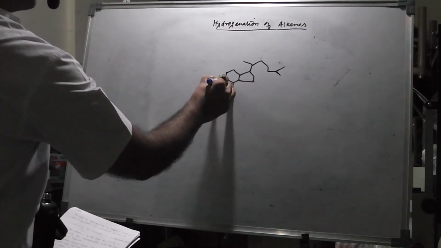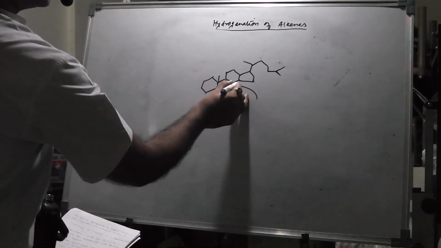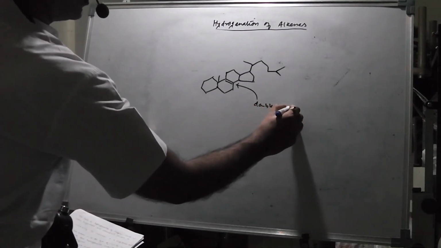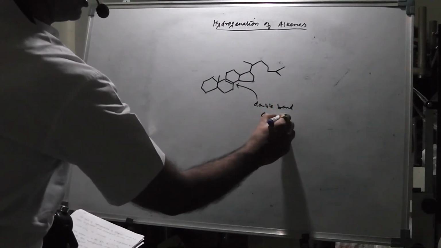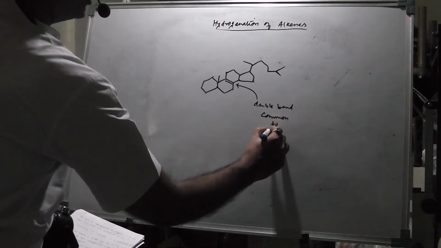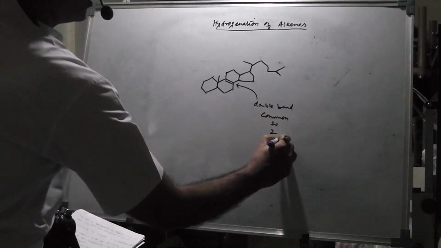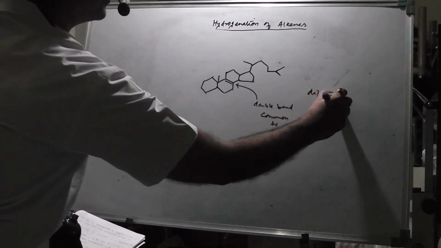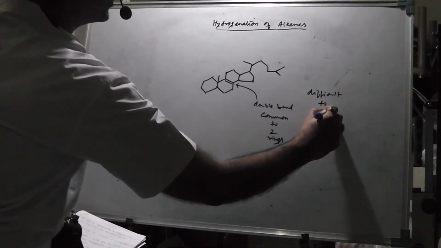So this is the double bond, common to two rings. Difficult to reduce.